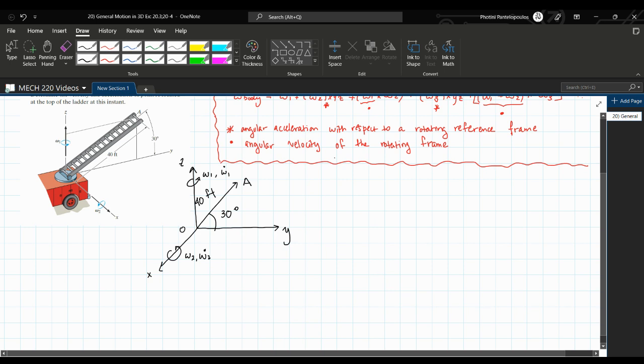The next thing that I'm going to do is write out the equations for velocity and acceleration of A with respect to O, because that's what the problem is asking for.